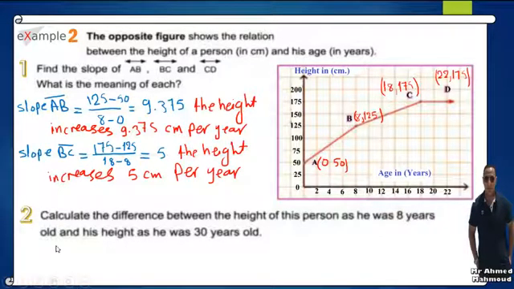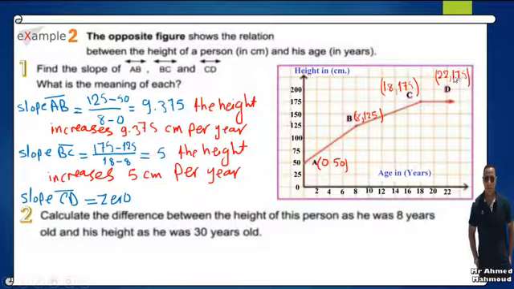Okay, the last one, the slope of CD equals 0.